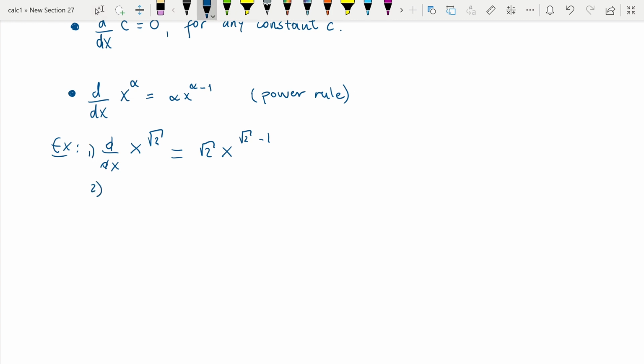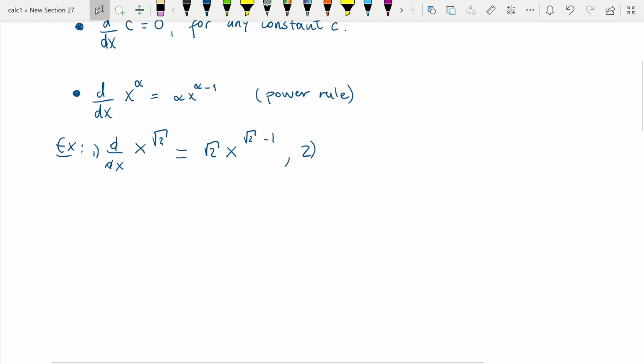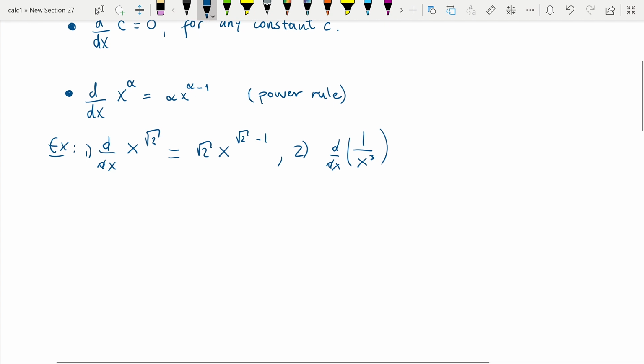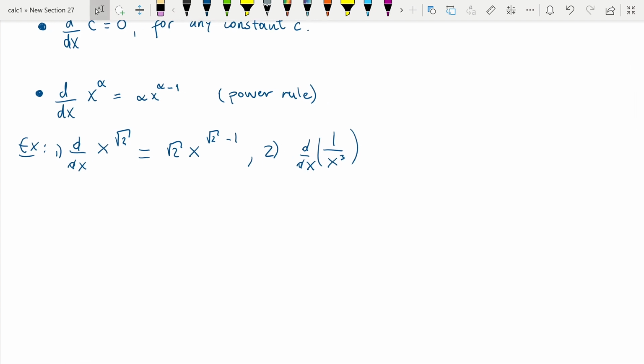Second example: we can apply it to things like 1 over x to some power, like x cubed, for instance. The only difficulty, if any, since probably some of you are very comfortable with it, is dealing with inverses of power functions.